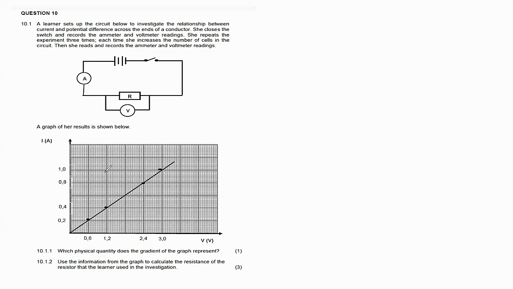Now, I always made you note that you have to be very careful of the kind of graph that they will give you. If it's a current versus voltage or potential difference graph, then you have to know that the gradient here will represent the inverse of the resistance, because you have your change in current over your change in voltage. But remember we are used to the formula being R equals V over I. So if you have I over V, that is the same as R to the exponent of -1.